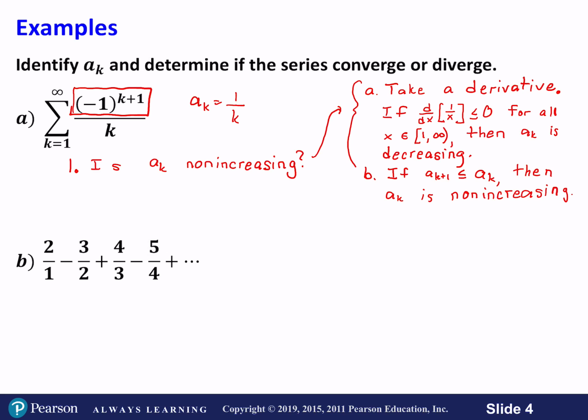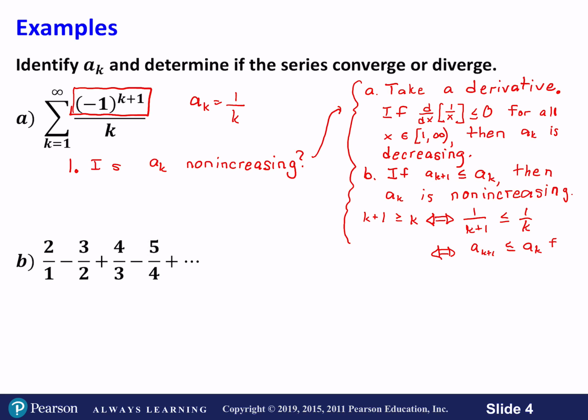All right, so in this case, a_(k+1) is less than or equal to a_k, and we can show this because we know that k+1 is greater than or equal to k, and that implies that 1/(k+1) is less than or equal to 1/k, which is the same thing as saying a_(k+1) is less than or equal to a_k.